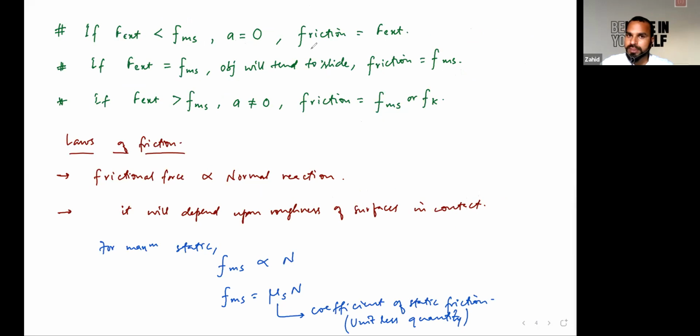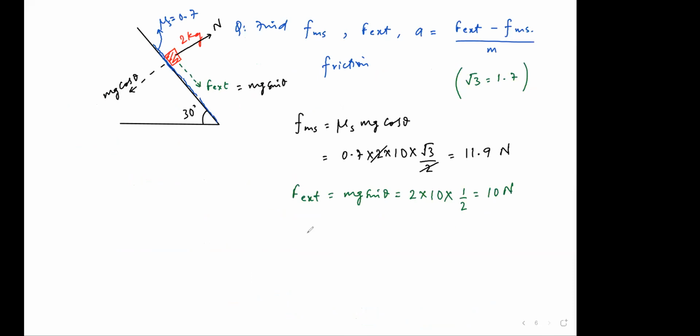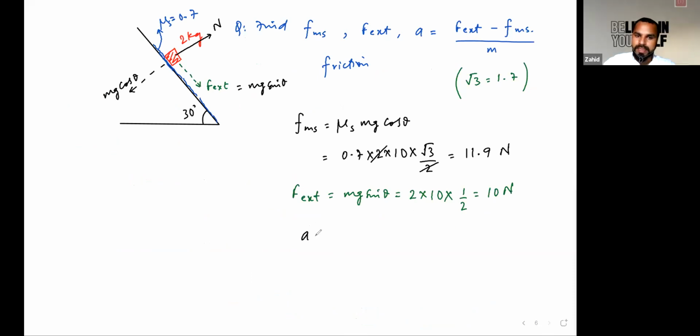Then frictional force in this condition would be equal to the external force. Is it clear? Yes, sir. So from this, you will say acceleration of the block would be 0, or there will be no movement in the block, and frictional force experienced by this particular block would be equal to external force, that will be 10 Newton.